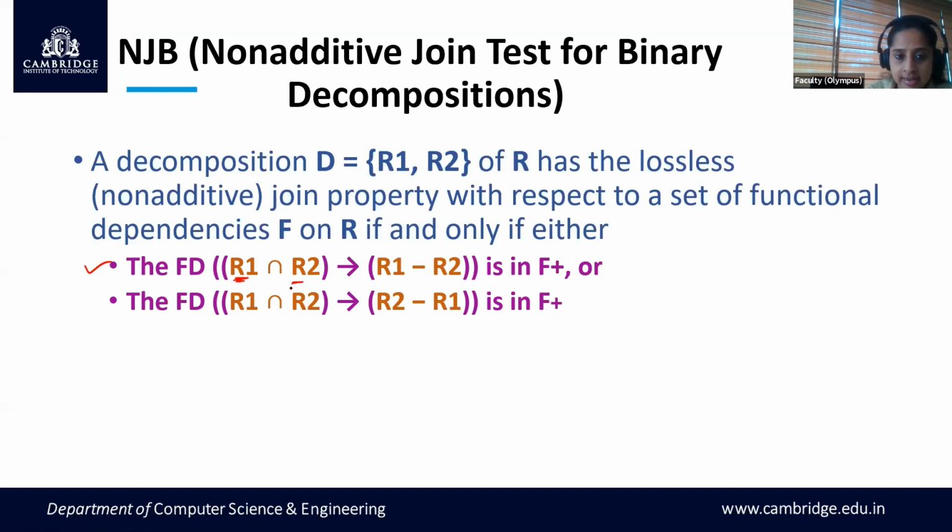R1 intersection R2 determines R1 minus R2, that should be in at least one of the functional dependencies of the previous table. R1 intersection R2 determines R1 minus R2. Next, R1 intersection R2 determines R2 minus R1. So what do you mean by that?